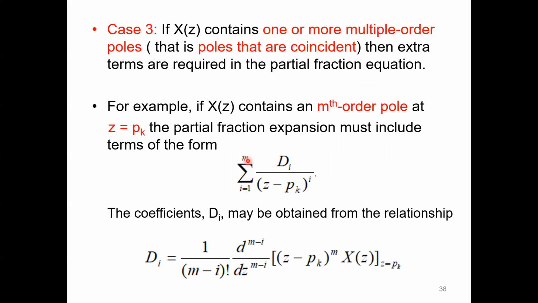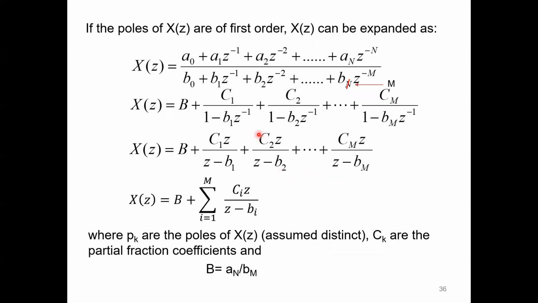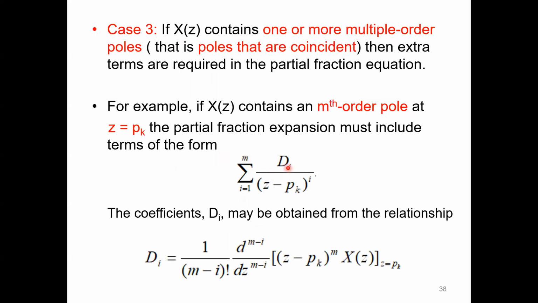Let's say there's a pole repeating twice, m equals 2. Then you have two terms. You have two terms here in this sequence, right? If there's a pole which is repeating three times, there are three blocks, right? Not just one or two, three blocks.